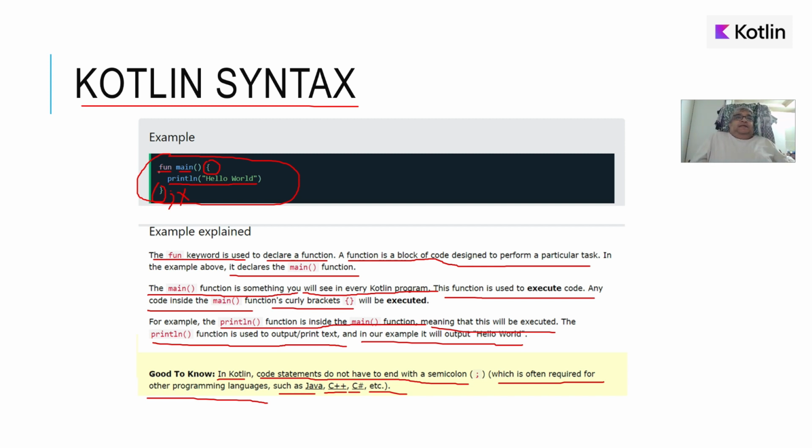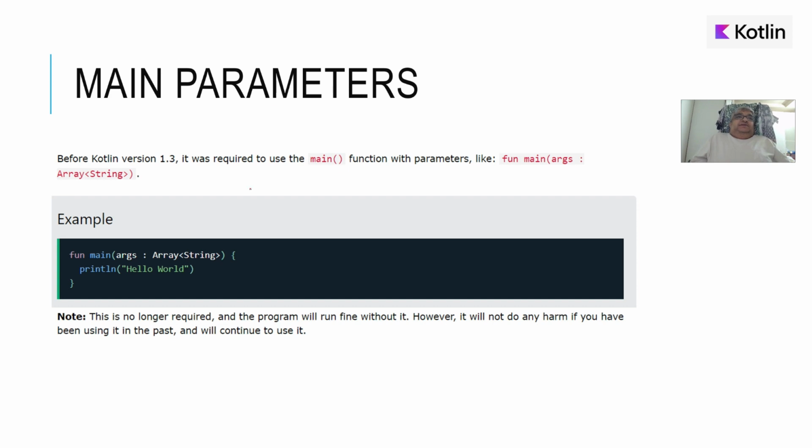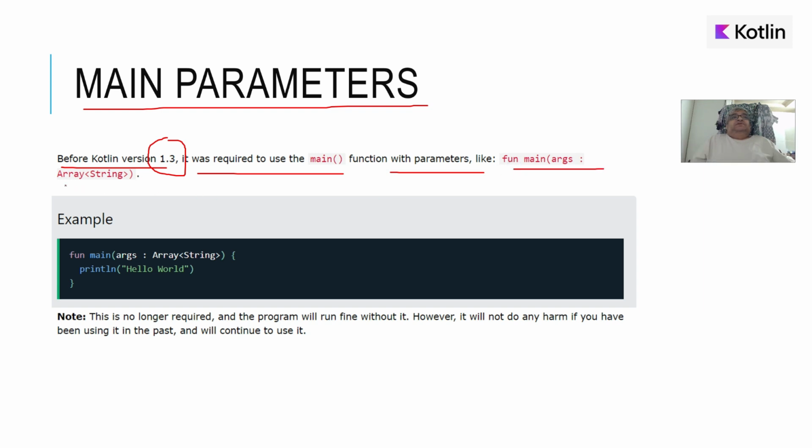Okay guys, next is just some information for you. Main parameters. Before Kotlin version 1.3, it was required to use the main function with parameters, like fun main with args, an array of strings. This was mandatory before version 1.3, but now you can avoid this.